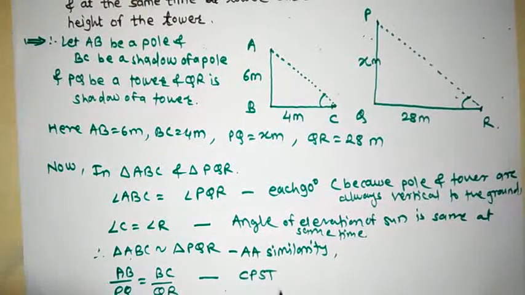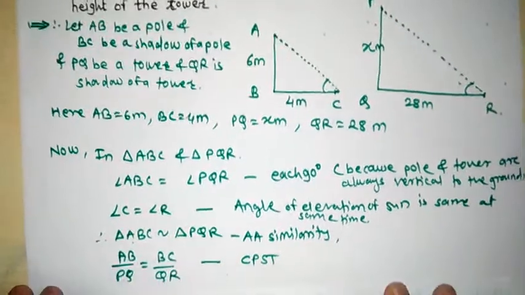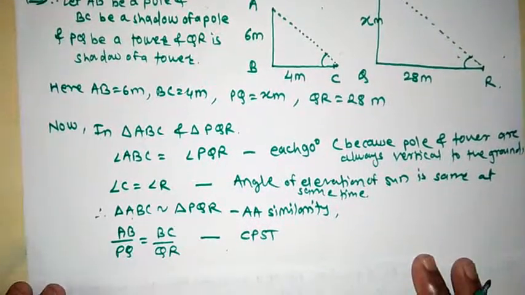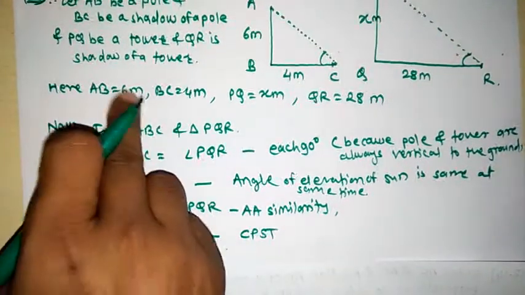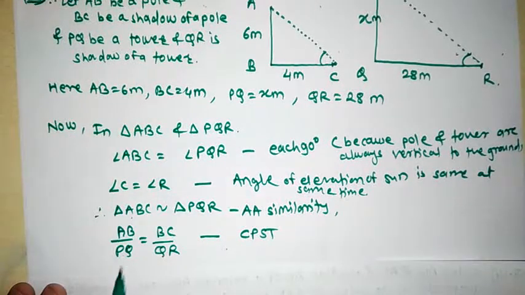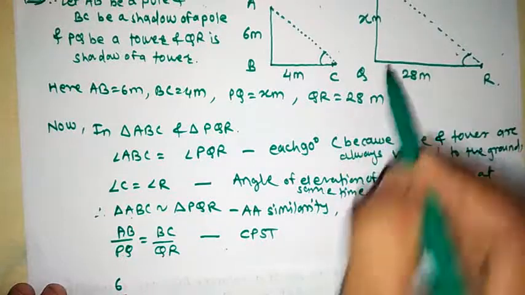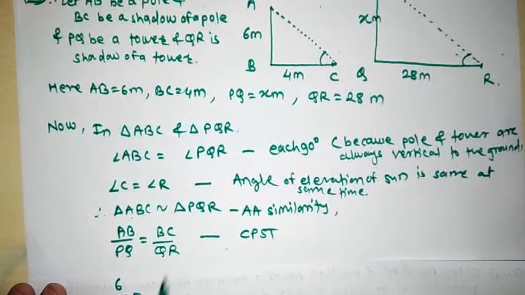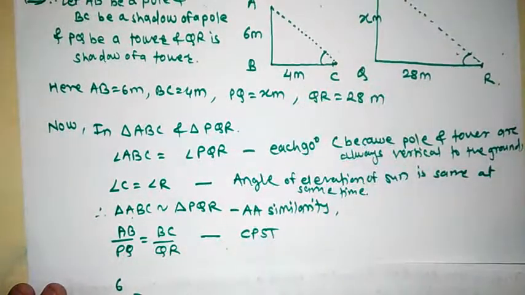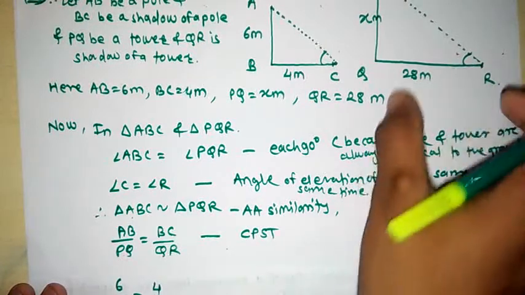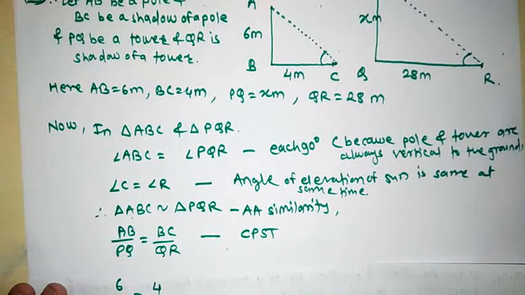Corresponding parts of similar triangles. Now put all the values here. AB is 6 meter, so 6 divided by PQ. We don't know the value of PQ, that is x meter which we have assumed. BC is 4, and QR is 28.